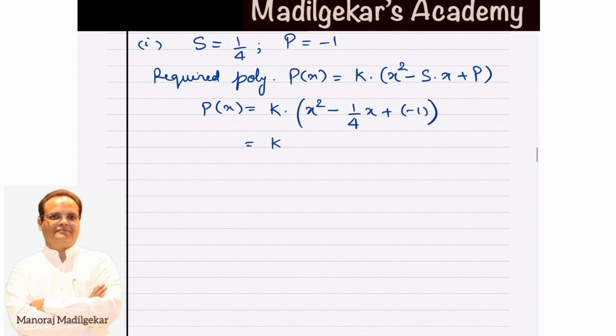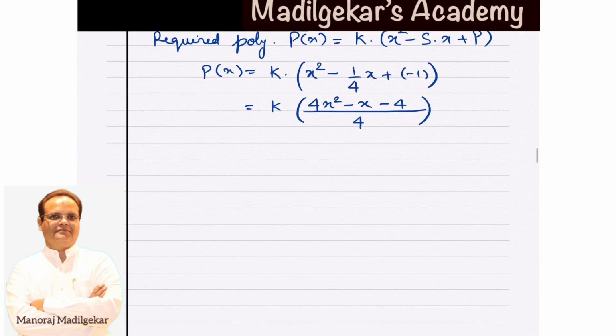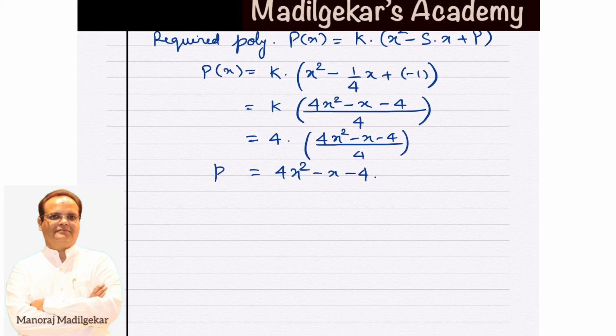You can take LCM 4. So it is now 4x square minus x minus 4. Now what is this k? This k is any real number. So for calculation, we may take the value of k to be 4 so that it cancels with the denominator. And so we get the polynomial 4x square minus x minus 4. So this is the required polynomial.